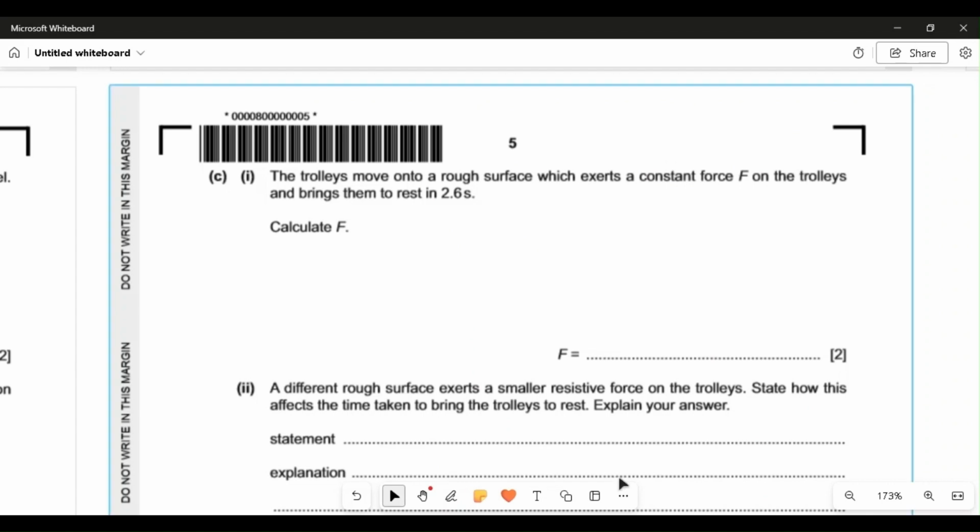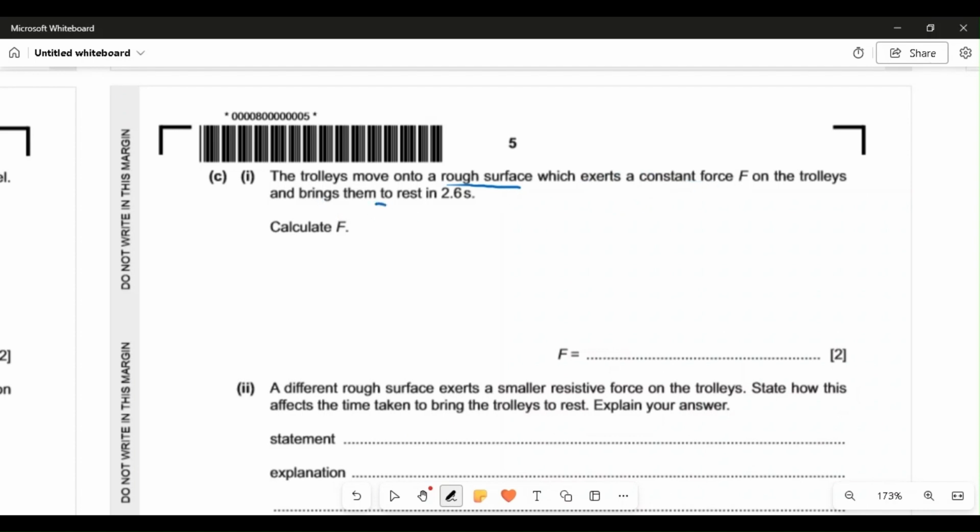The next part says the trolleys move onto a rough surface, which exerts a constant force on the trolleys and brings them to rest in 2.6 seconds.